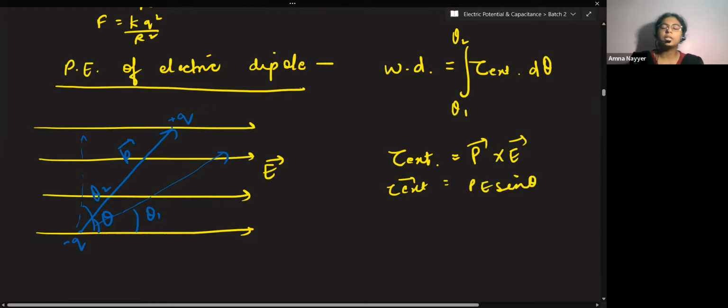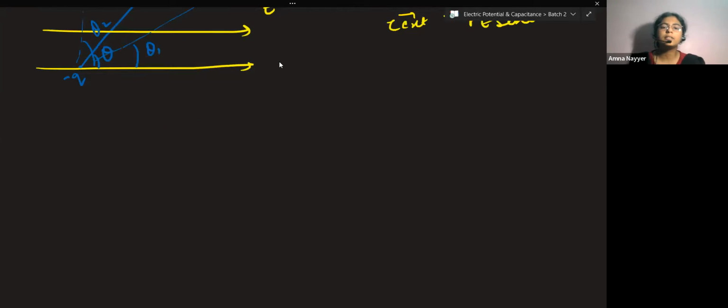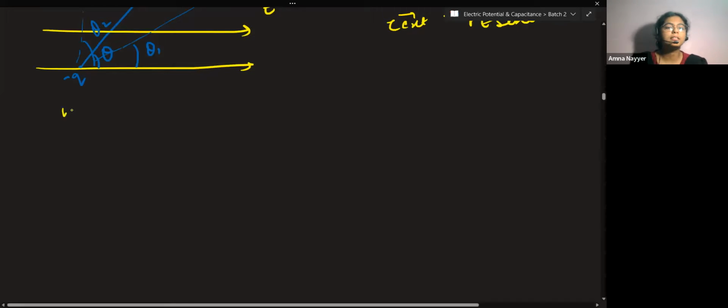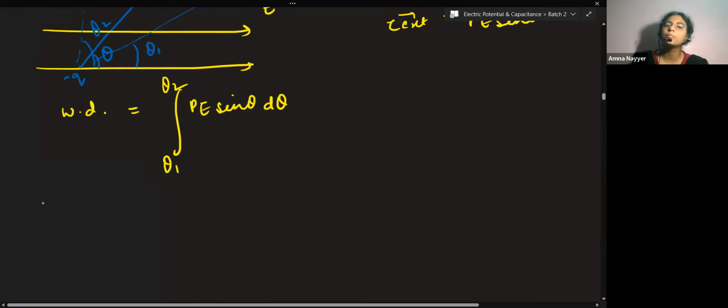So let me put it in the formula of work done. This becomes the integration of PE sin theta d theta from theta 1 to theta 2. Now PE is constant, so PE will come out. Integration of sin theta will be left from theta 1 to theta 2.